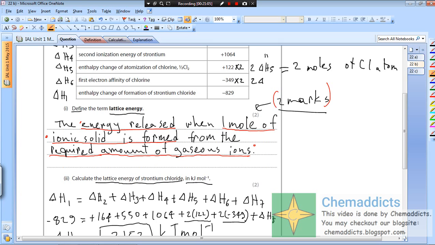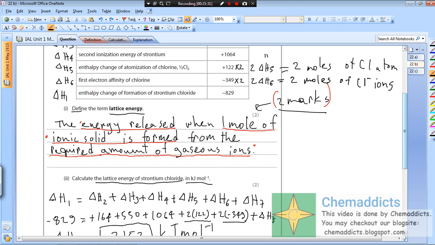Okay, so this should be 2 into del H5. Sorry, this should be 2 into del H6. The reason is that 2 moles of fluoride ions are formed. Since two moles of fluoride ions are formed, we need to multiply this thing with 2.